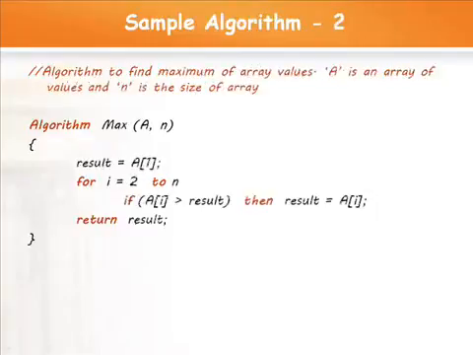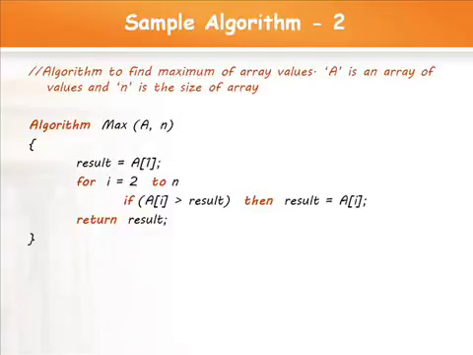Let us see the second example, how to write an algorithm to find the maximum of array elements. In this case, max is the name of the algorithm, A is an array, and N is the size of the array. Initially, let me assume the maximum is stored in result, and the maximum value is A[1].